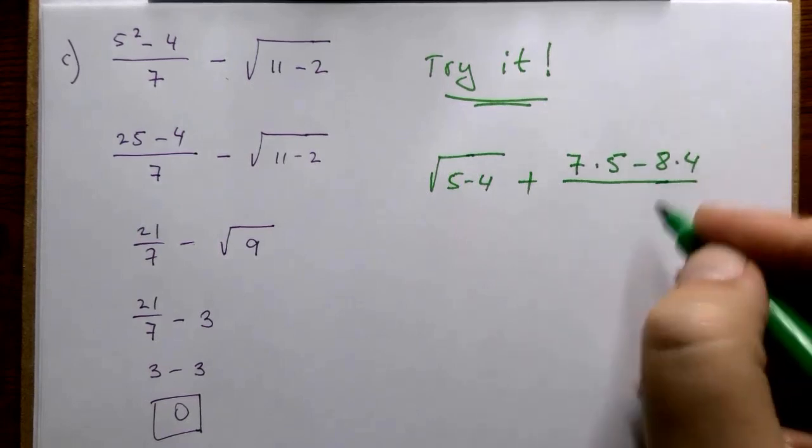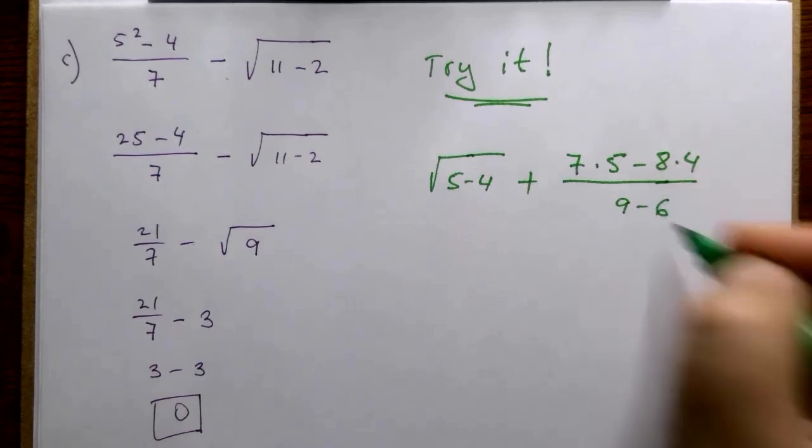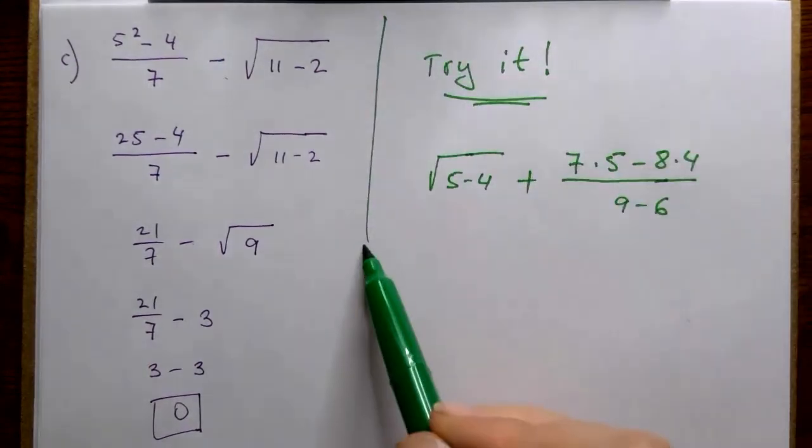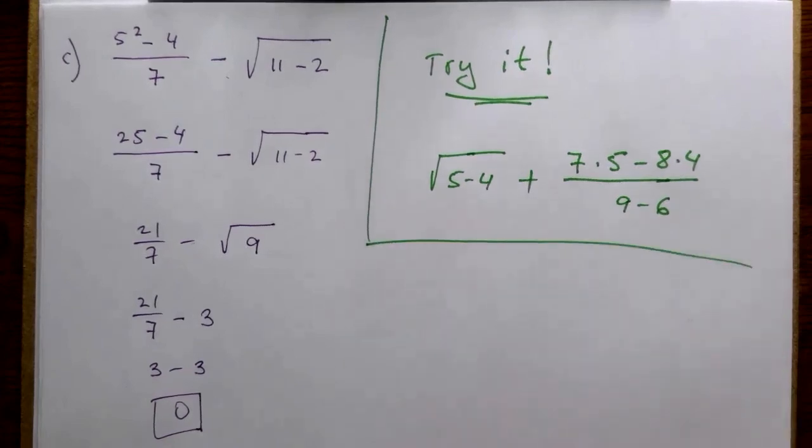In the numerator, and in the denominator, you have 9 minus 6. So that's the problem that I want you to try by yourself. So again, pause, try it. Let me know if you run into any trouble.